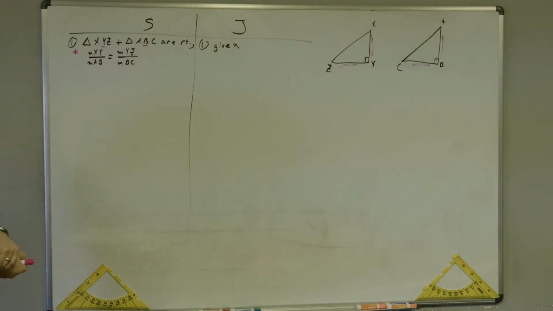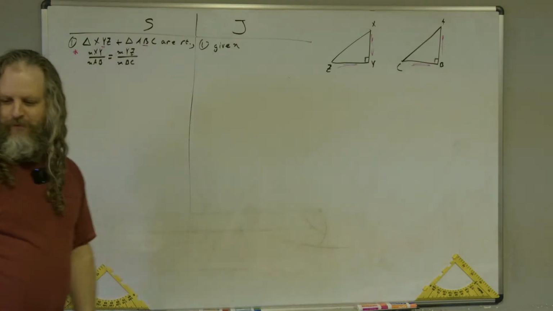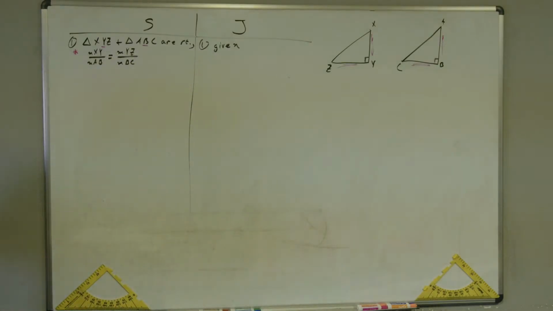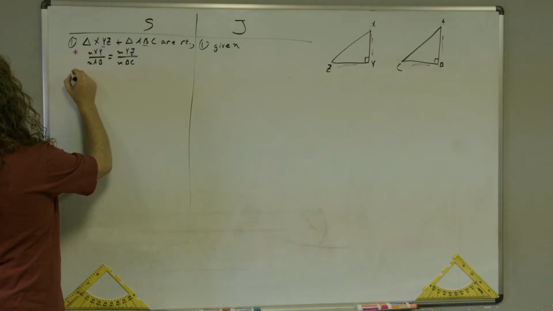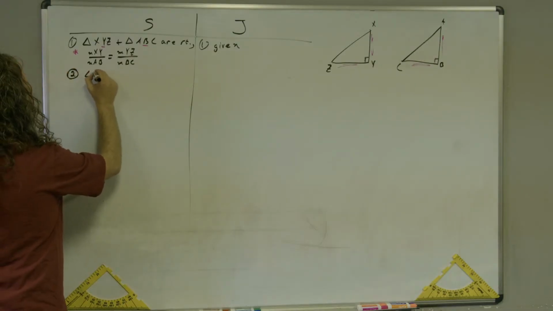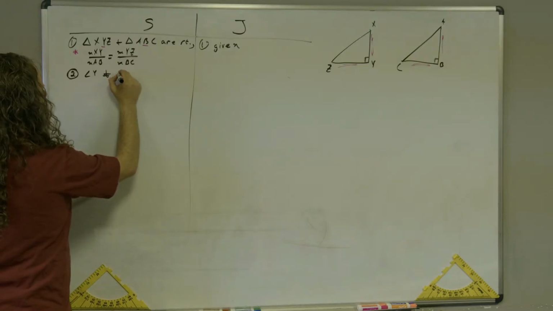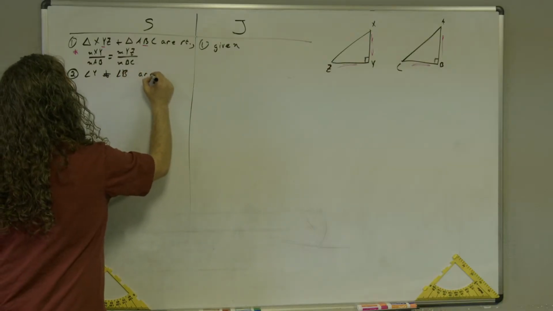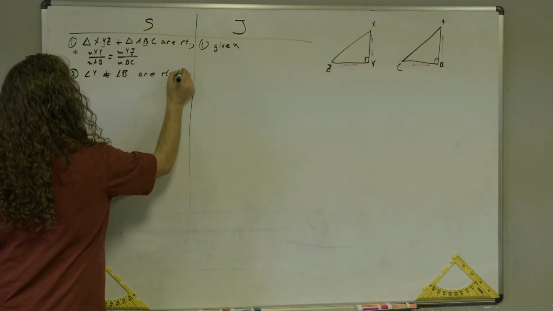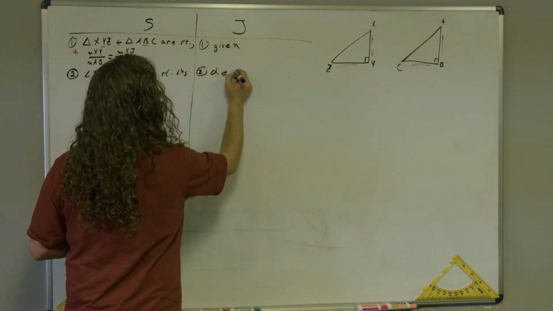What should we write in our proof? Probably what we just said, first of all, right? If we want to go ahead and label all of the things, we could say that angle Y and angle B are right angles because of the definition of a right triangle, right?